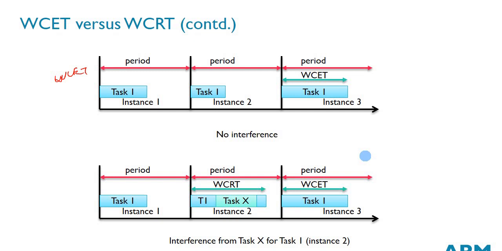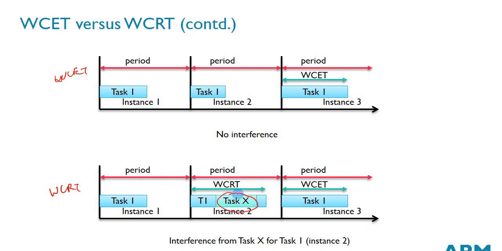What the worst case execution time is depends on maybe the bound of the data size or the complexity of the algorithm in dealing with different types of data. For worst case response time, we are looking at a task that can be preempted by another task, and so the total time that the task takes before it can complete is now longer. So that's the worst case response time, as can be seen over here.